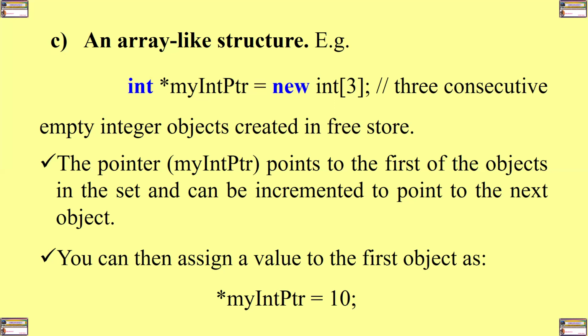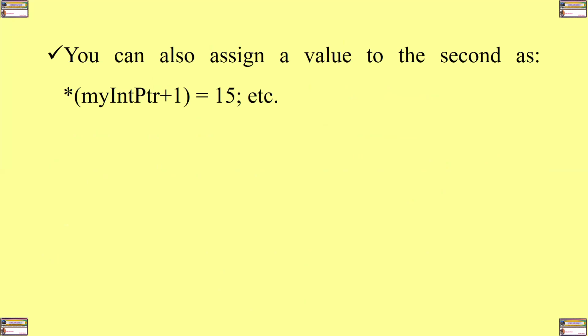Therefore, this statement is assigning the first value 10 into the array of type integer that we have created. You can also assign a value to the second and even the third elements.